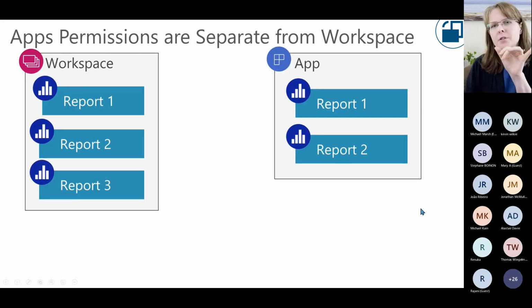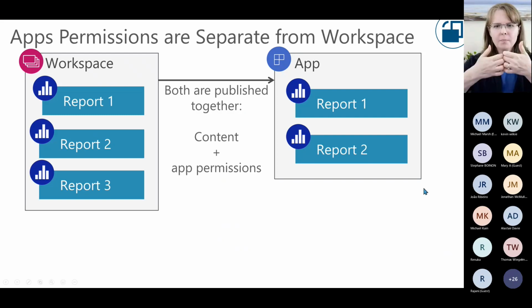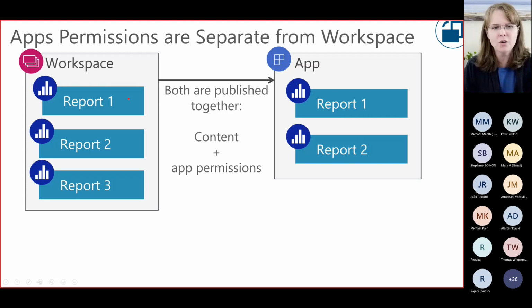Now, here's where we got to start watching out for some things. So we said the workspace and the app, kind of a one-to-one relationship. When we publish the app, we are picking up 2 things. We're picking up the content. So for instance, in this example, it's trying to say reports 1 and 2 had that little yes/no flag set to yes. So they're going to land in the app.